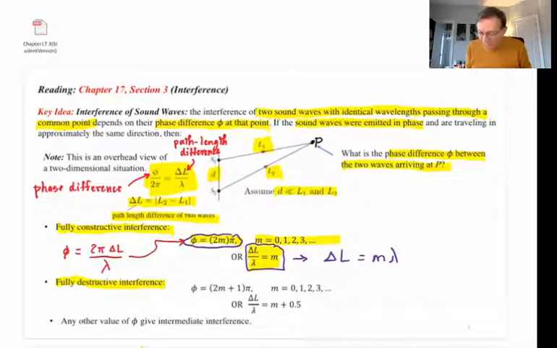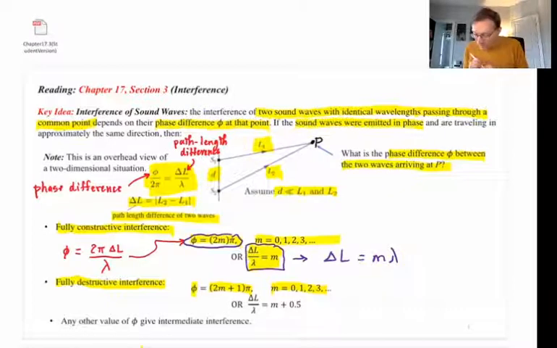The condition there is that the phase difference phi in radians must be, notice how we're going to write it, (2m plus 1) times pi, where m can be, again, any integer in that string, 0, 1, 2, 3, dot, dot, dot. So what does that mean? Well, just start with m equals 0. That would mean phi equals pi radians.